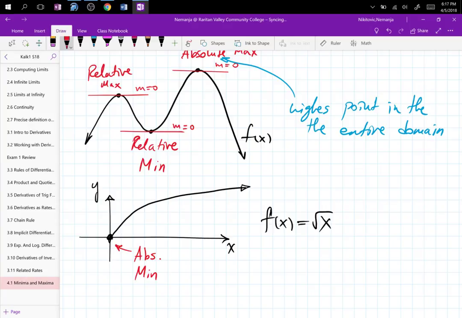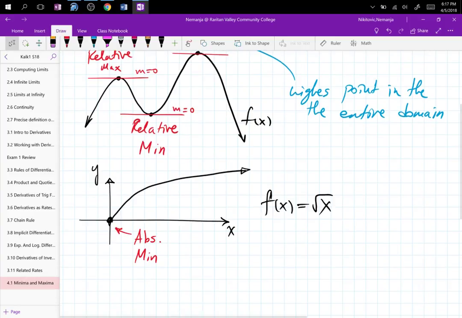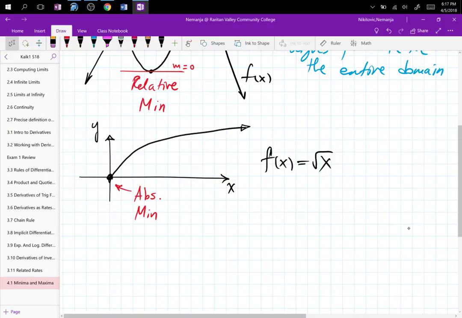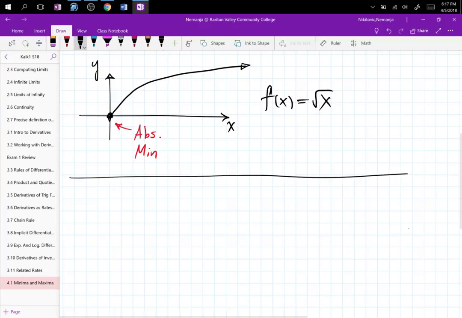It's an absolute minimum because that is the lowest possible point on the graph. This graph will continue up and up forever without ever bending back down to the x-axis. So (0, 0) in this case is the absolute minimum, and there is no max at all. So we have some functions that have a min or a max or both, and some functions do not. An infinite linear line that stretches forever in those two directions does not have a min or a max.